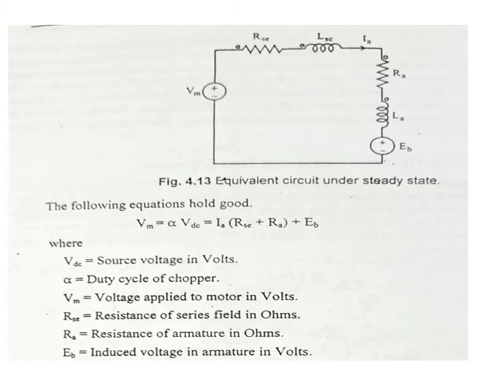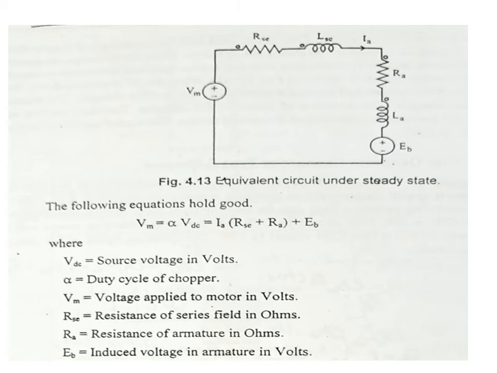Finally, if we apply KVL to this circuit, we get VM is equal to IA into (RA plus RAC) plus back EMF EB, which is equal to alpha into VDC. So this alpha into VDC is the chopper output voltage, which here we are taking as VM.